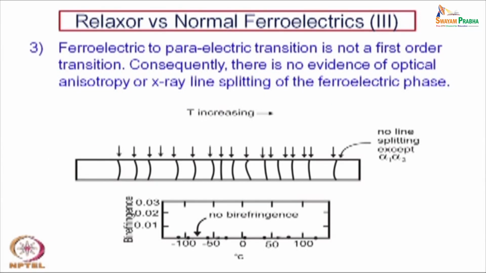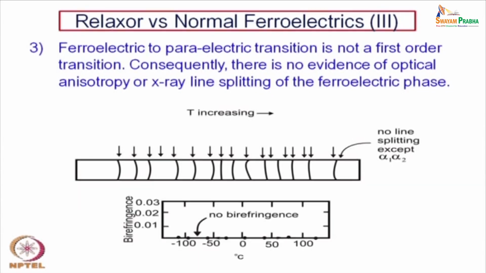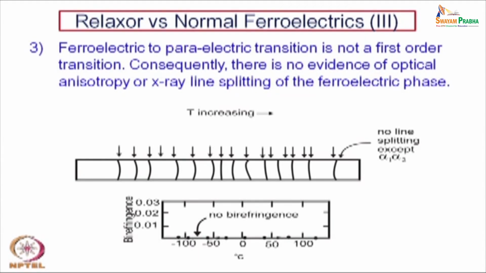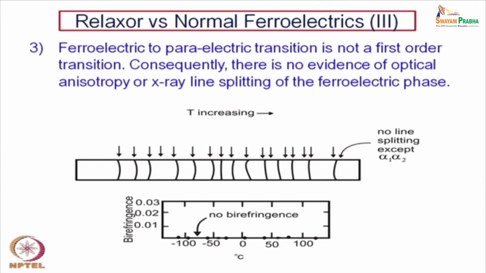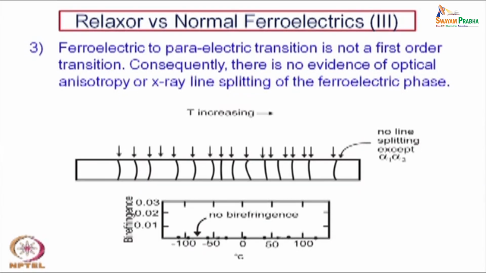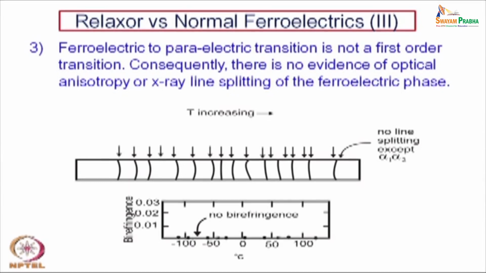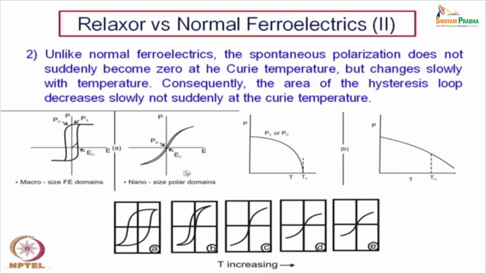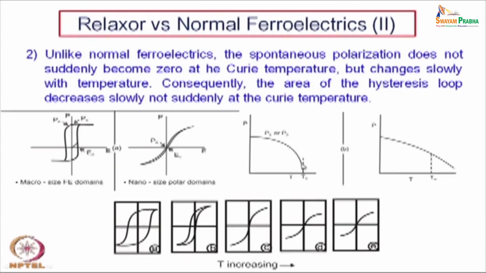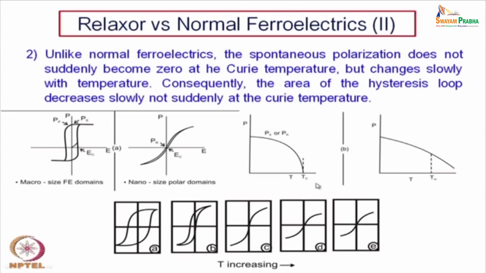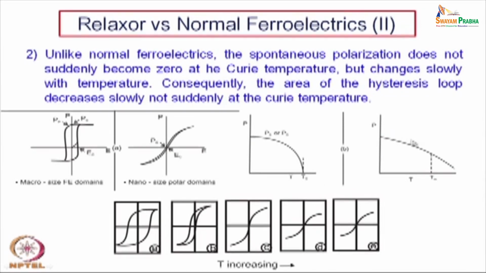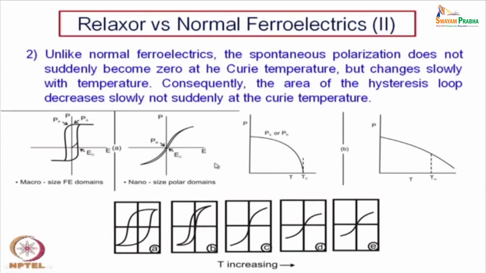Then the third point of deviation is that the ferroelectric to paraelectric transition is not a first order transition. In fact, any first order transition will be associated with a discontinuity like this, but since it is not a first order transition, it follows a more gradual change.